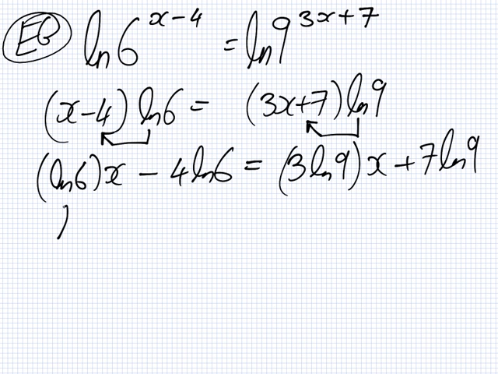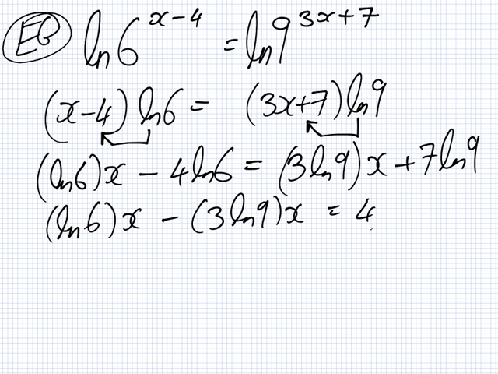We'll put the x's on the left. x log 6 minus 3x log 9 equals 4 log 6 plus 7 log 9. This is a very common type of exam question, the one I'm doing now. The last question you could get in the exam, but it's a little bit too easy.